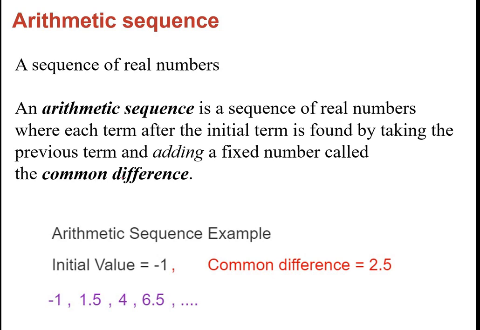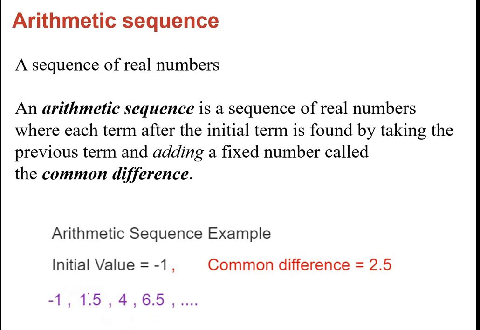The last sequence that we're going to discuss in this lecture is the arithmetic sequence. The arithmetic sequence has a common difference. You take any two consecutive elements of the sequence. You can see that 3.5 minus 1 is 2.5, when you subtract these two. And 4 minus 1.5 is also going to give you 2.5, and so on.